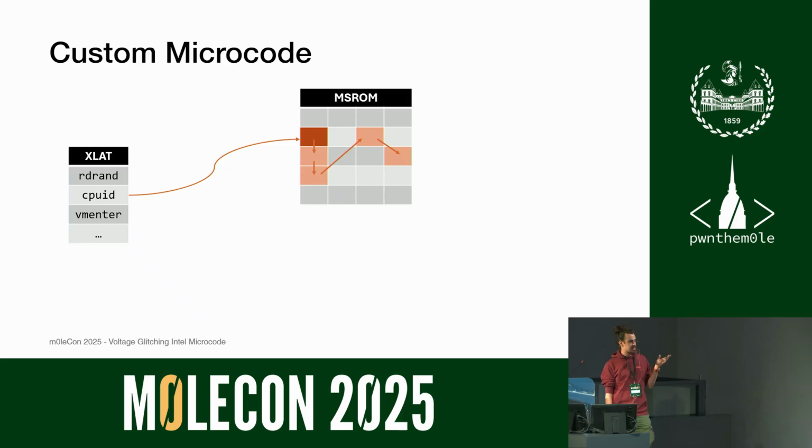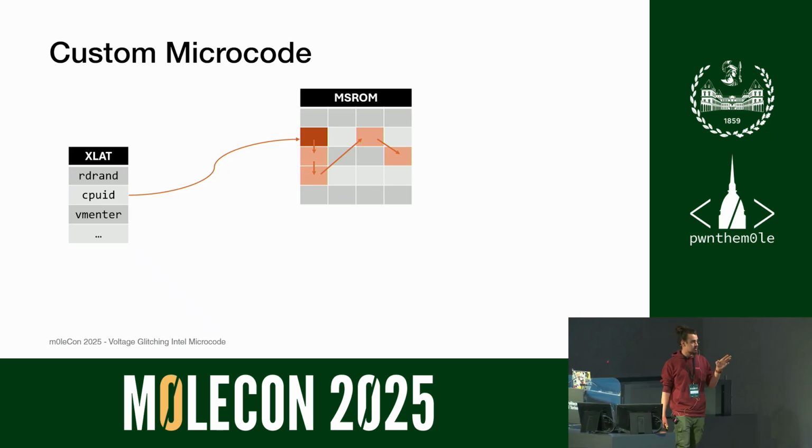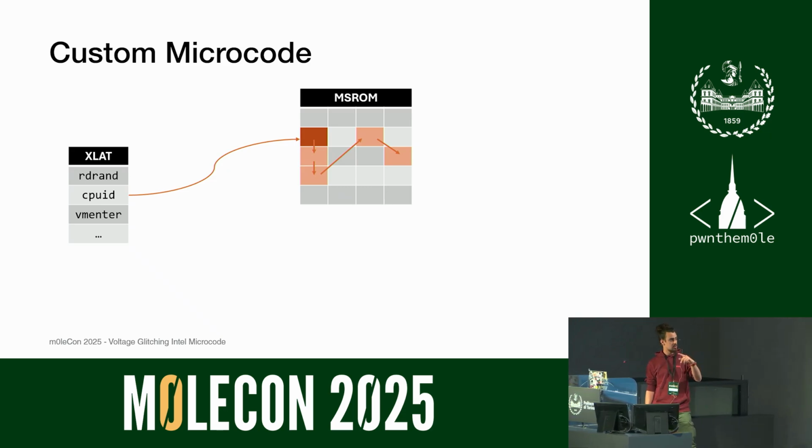So how do you write custom microcode? How does the microcode sequencer work? Whenever the microcode sequencer is invoked, because an instruction has to be decoded by the sequencer, you have a translation table. The microsequencer finds the instruction within the translation table, and it will start executing from the ROM, where the microprogram is stored.